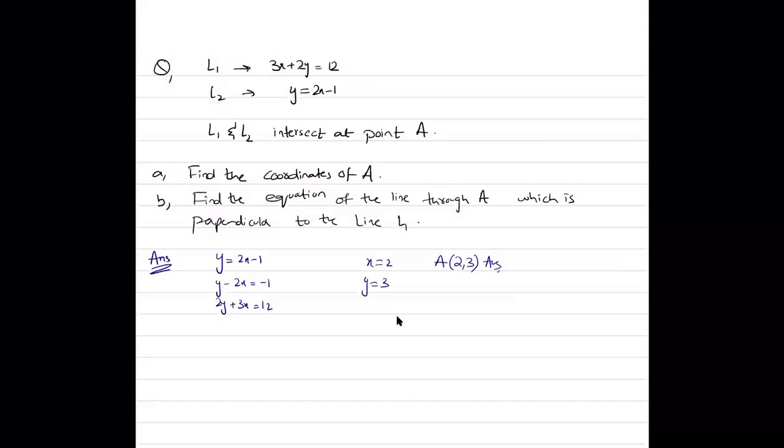Yeah, 2 comma 3. Okay, so what about this next part? Yeah, I'm getting y equals to 2x plus 5 upon 3. Yeah, that's right.